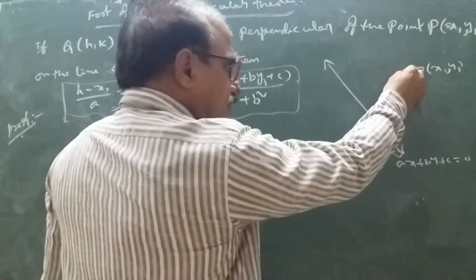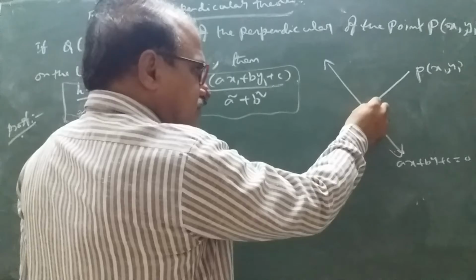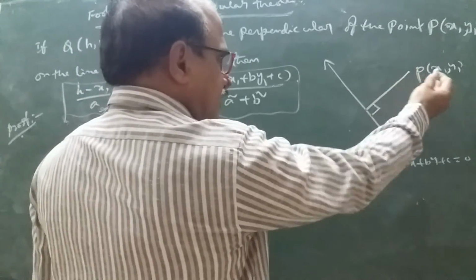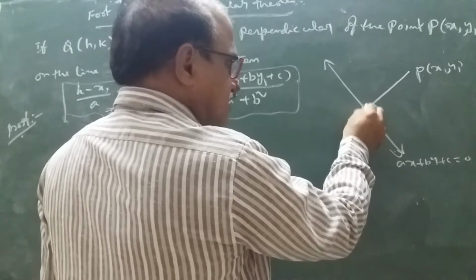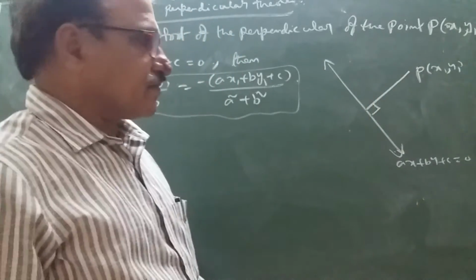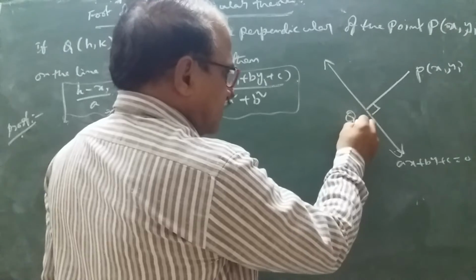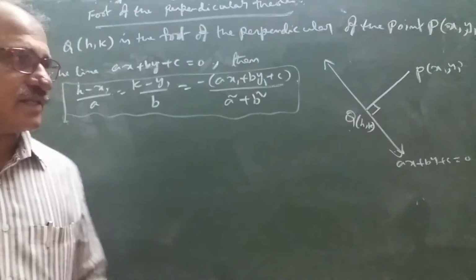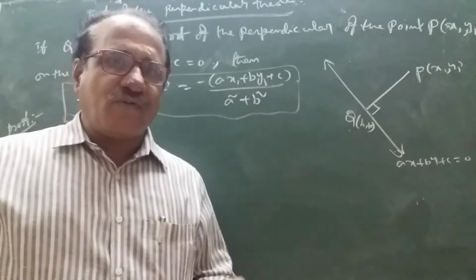If we draw a perpendicular to the straight line from P(x1, y1), then this is what we call the foot of the perpendicular. This is given as Q(h, k). Then the relation exists. How do we prove it?